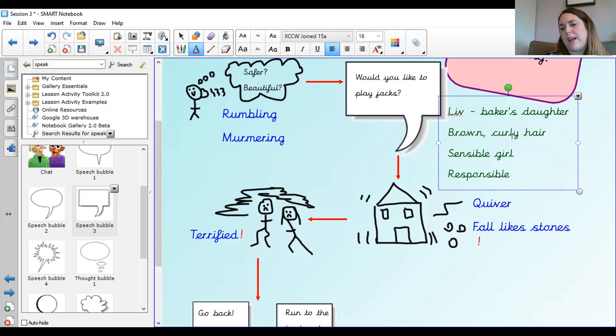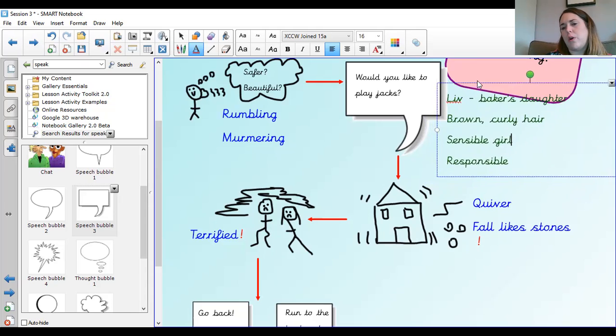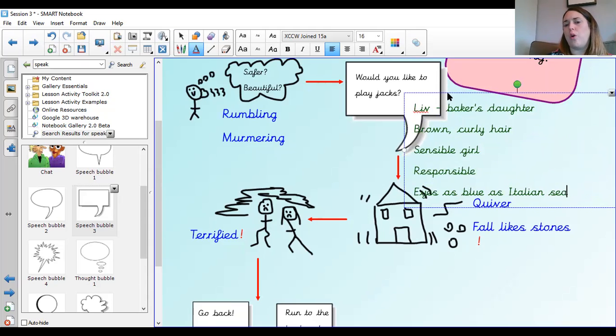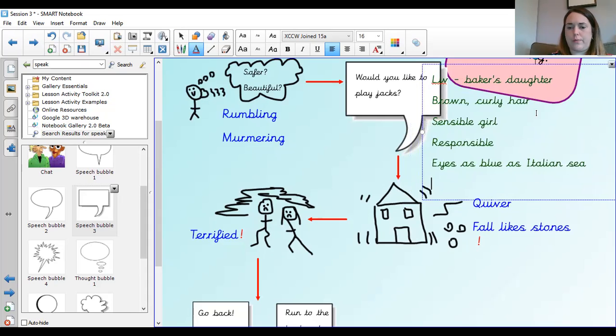Baker's daughter, brown curly hair, sensible girl, responsible. I would like to say that her eyes were as blue as the Italian Sea. And she always wore a crinkled brown cloak.